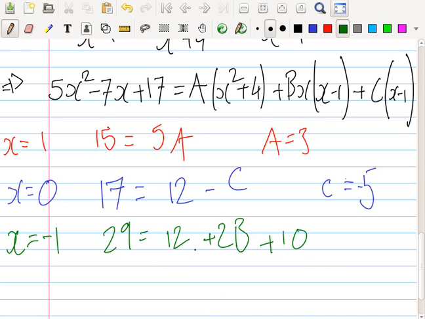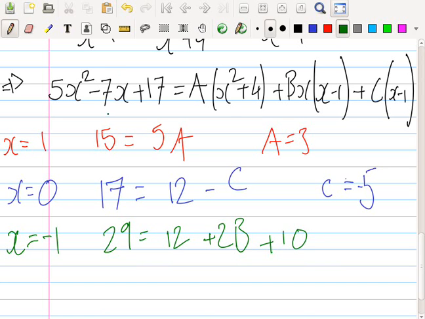So that's 22. 29 minus 22 is 7, over 2 is 3.5. I must have done something wrong here.